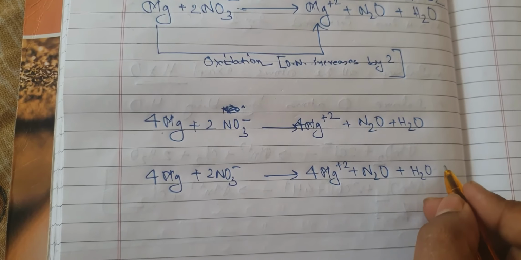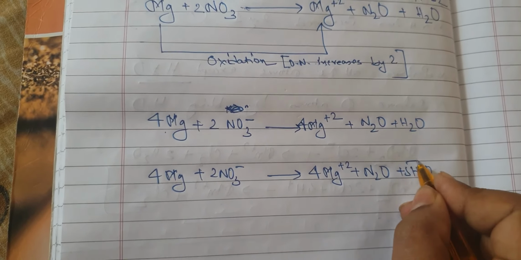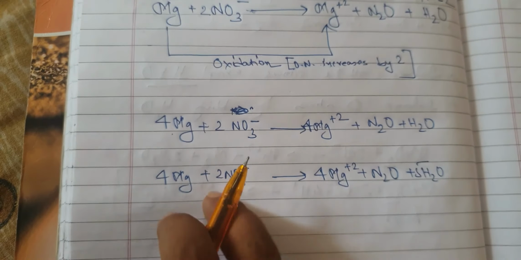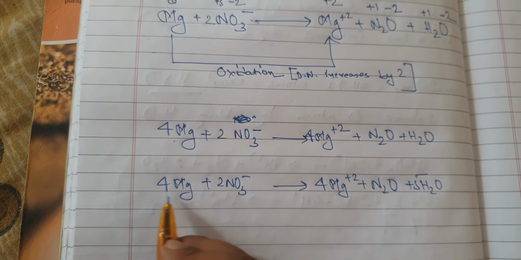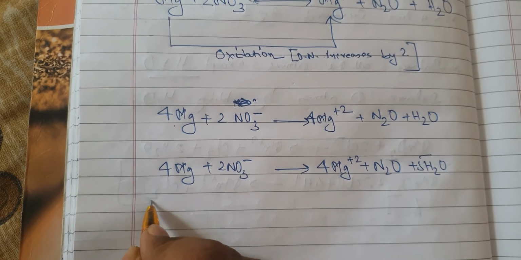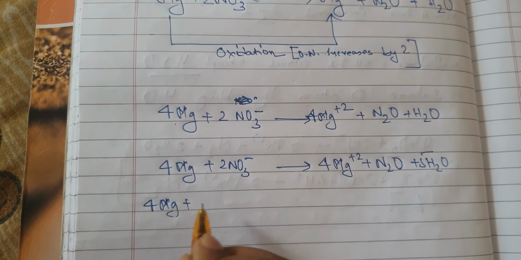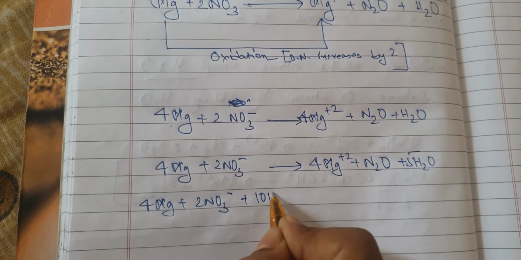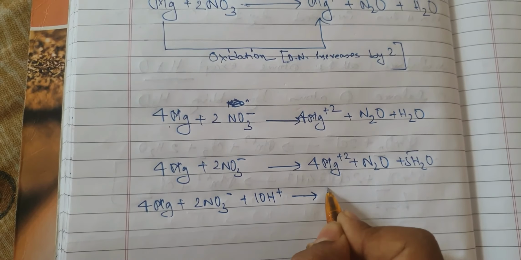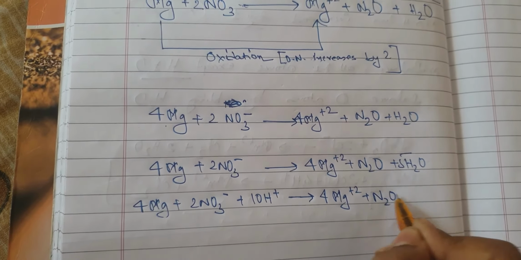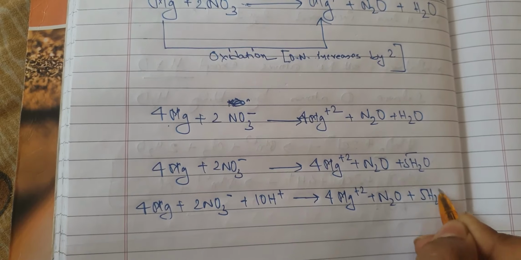So 4 short, plus 4 H2O, so just make it 5. Done. Now balance the hydrogen because it is in acidic medium. How many hydrogen here? 10. So 4 Mg plus 2 NO3 minus plus 10 H plus gives 4 Mg plus 2 plus N2O plus 5 H2O. Over.